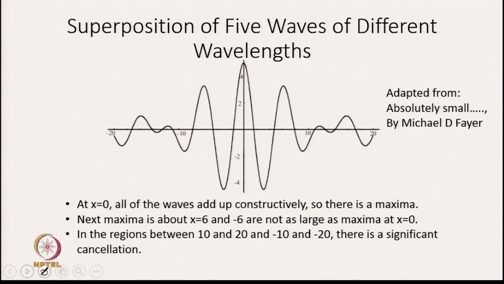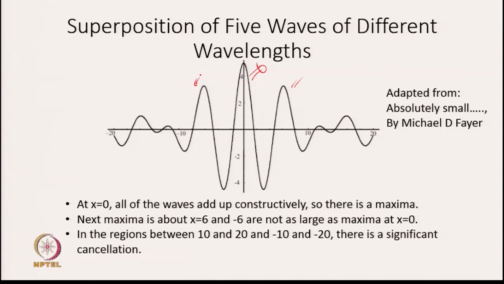So, at x equal to 0, since there is constructive interference, all waves add up, and so there is a maxima. You can see there is a maxima. Near 6 and minus 6 also, so this is 6 and this is minus 6, you can get some maxima, but that will not be as large as the maxima at x equal to 0.